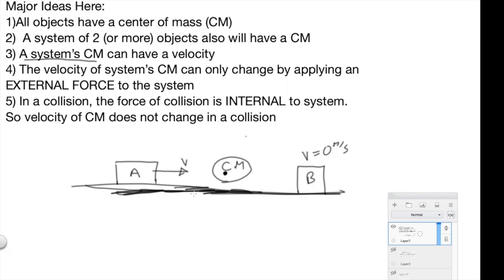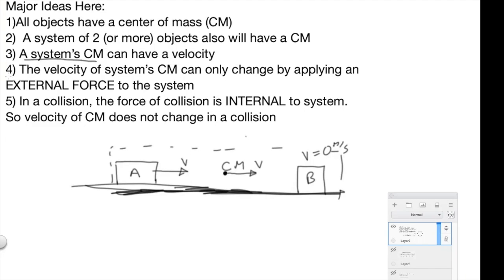If block A were moving to the right, then the center of mass would also be moving to the right. Does that make sense? If you have motion within the system, and again, the system is block A and B together, the point is that a system's center of mass can have a velocity.